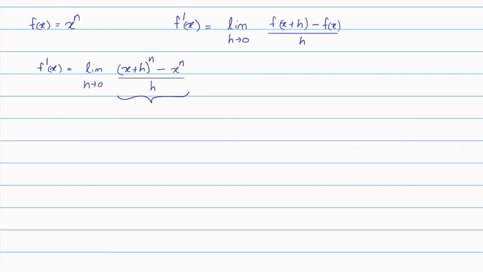Here, (x plus h) to the power n can be expanded using the binomial theorem as x to the power n plus nC1 x^(n minus 1) h plus nC2 x^(n minus 2) h squared, and that goes on until h to the power n.